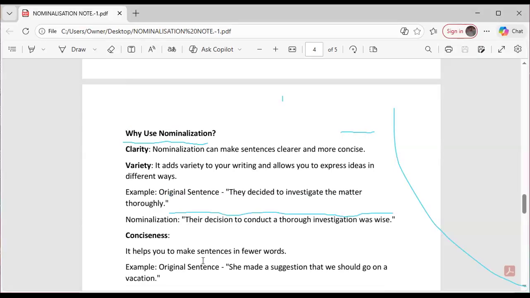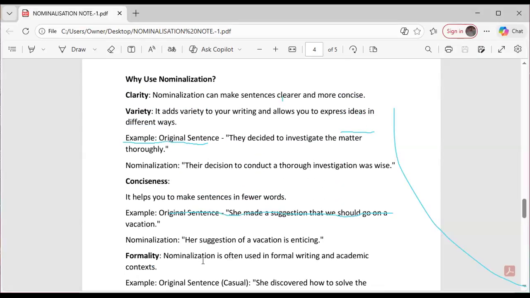Good. Now we have the next one, conciseness. It helps us to make sentences in fewer words. For example, the original sentence says, she made a suggestion that we should go on a vacation.